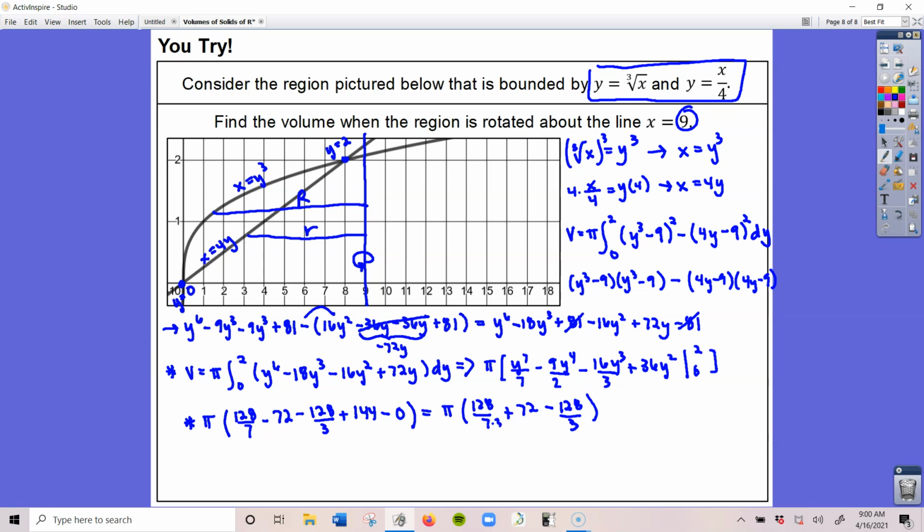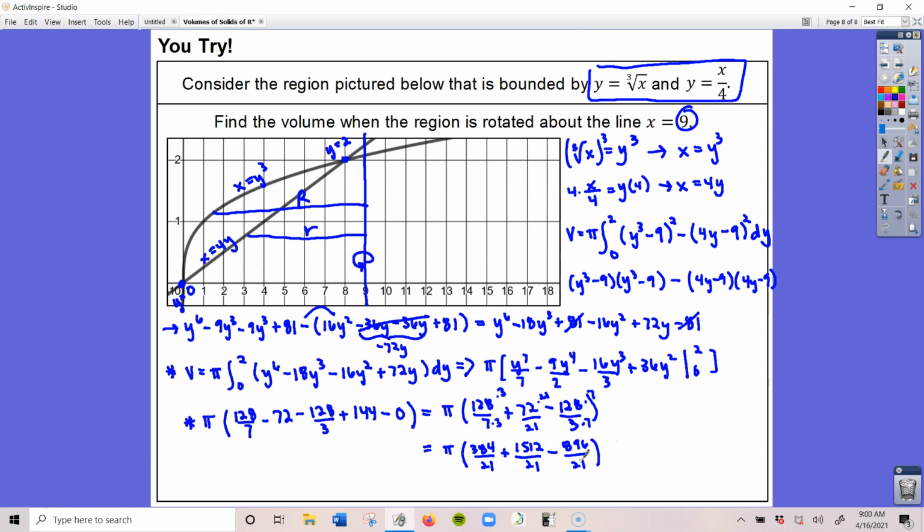So I need to multiply this by 3 and this by 3, I need to multiply 72 by 21, and then this by 7 and this by 7. So let's rewrite this. This would be pi times 128 times 3 is 384 over 21, plus 72 times 21 is 1,512 over 21, minus 128 times 7 is 896 over 21.